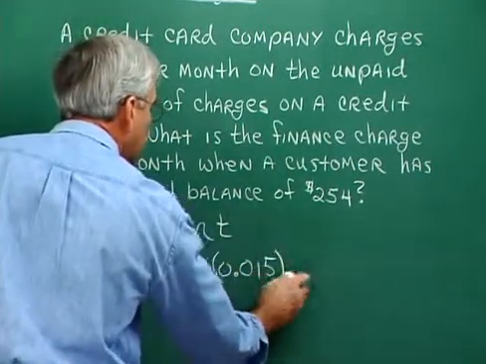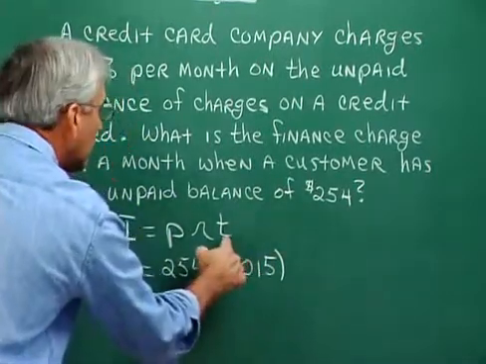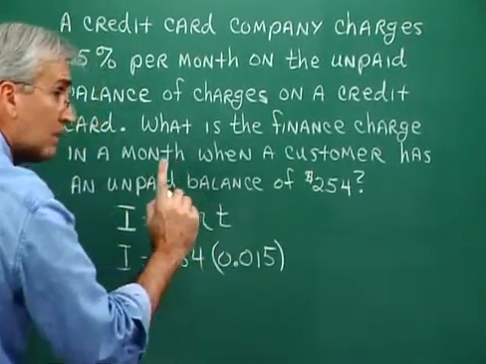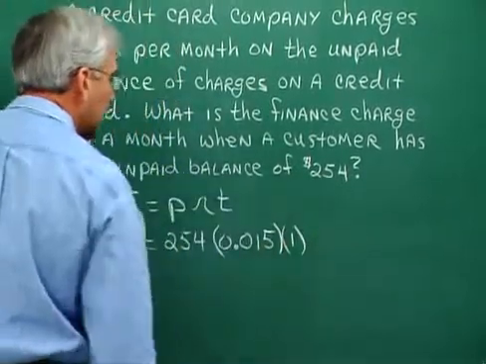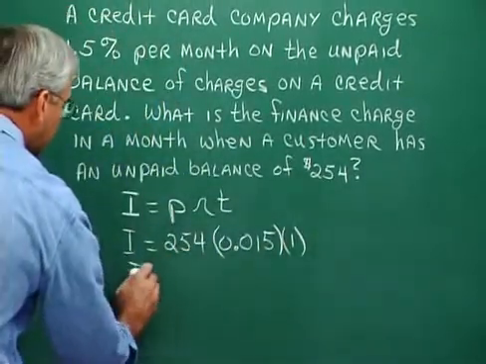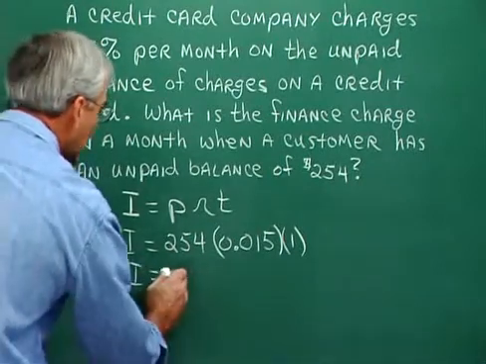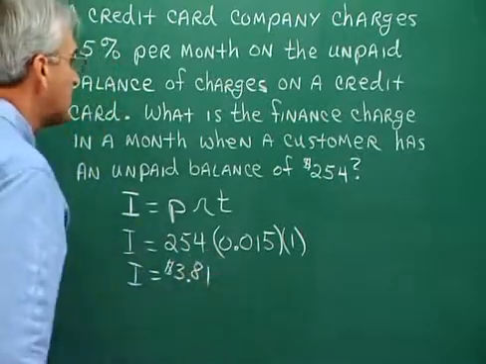Now the time here, since this interest rate is a rate per month, we're expressing time in months, and we're only talking about a 1-month period of time here. So 1. And now multiplying, we find that the amount of the finance charge, the interest you see, is $3.81.